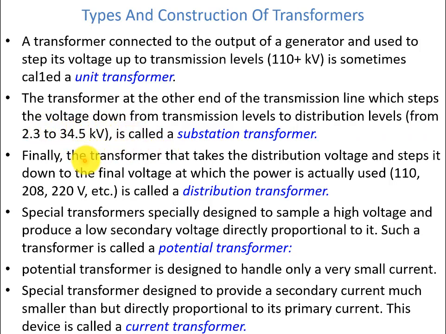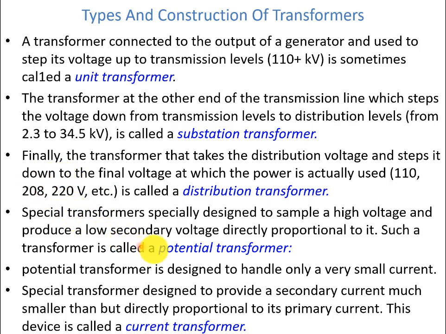And then we have the distribution transformer where we distribute the power to the end users. We use these distribution transformers to step down the voltages to 110, 208 or 220 volt, etc., depending upon the country in which we are residing.